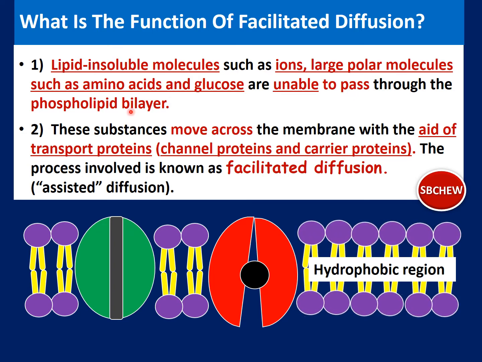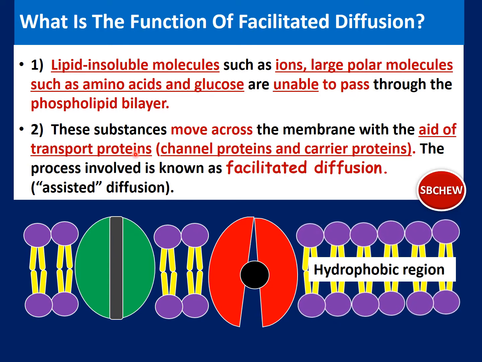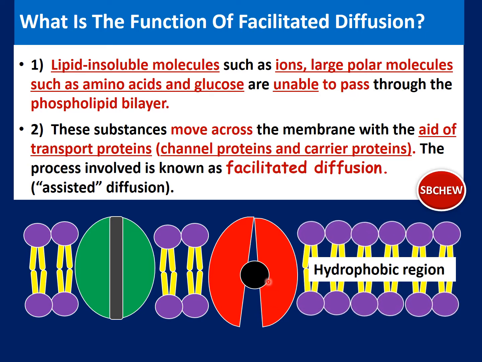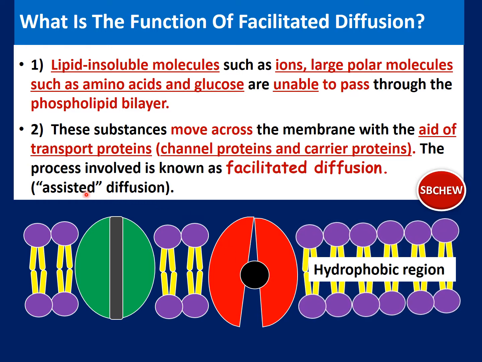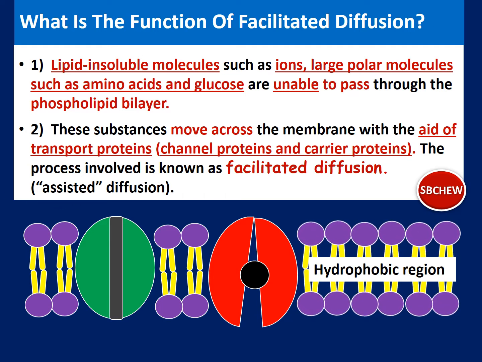All these substances cannot get through the phospholipid bilayer, so the alternative is to use the transport proteins, like this channel protein and this carrier protein that can change shape to move across the plasma membrane. The process involved is called facilitated diffusion. In other words, it is a form of assisted diffusion using the channel protein and the carrier protein.